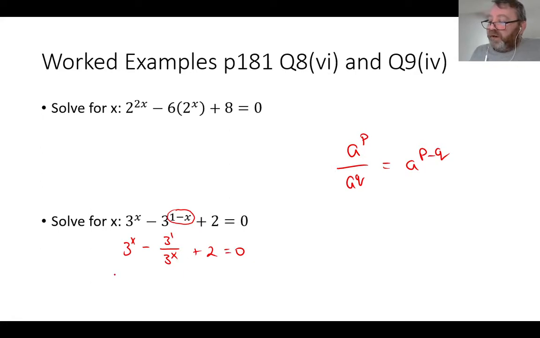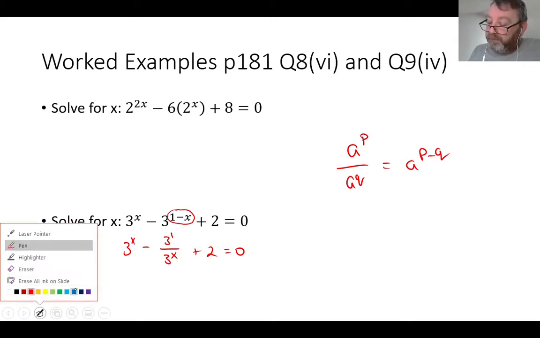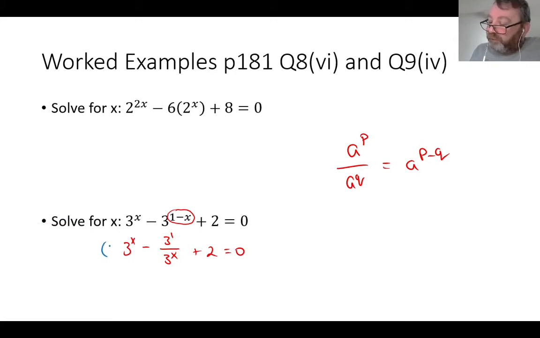Now, to clear the fraction, I have to multiply every term by 3 to the x. To clear that bottom denominator here from this fraction, I've got to multiply across by 3 to the x. So let me just use a different color here and show you. So I'm going to multiply this by 3 to the x, this by 3 to the x, and this by 3 to the x.